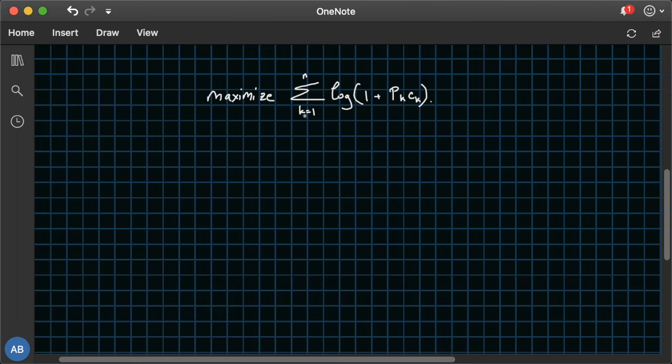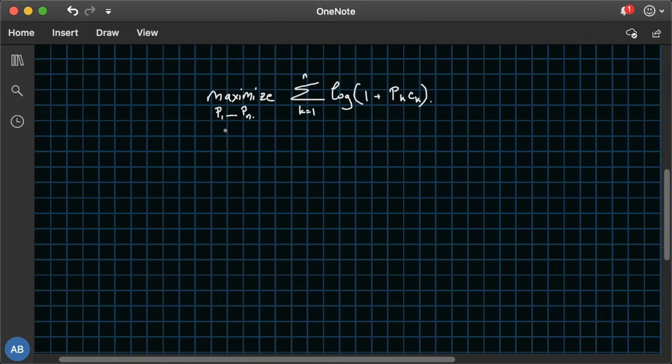We'd want to maximize the total capacity of the system. If we leave the problem as is, and given that we're maximizing with respect to P1 down to PN, then the solution is trivial. Since log is an increasing function, all your pKs would be infinity.